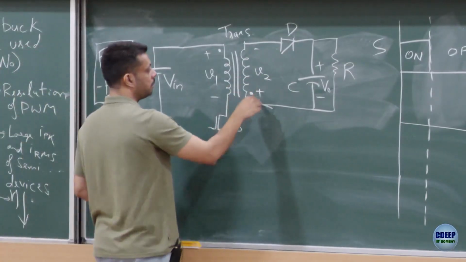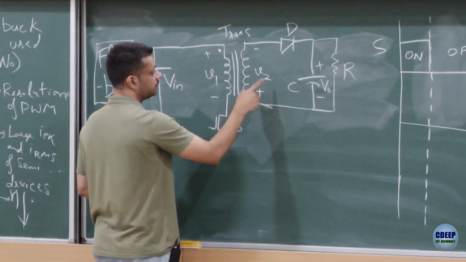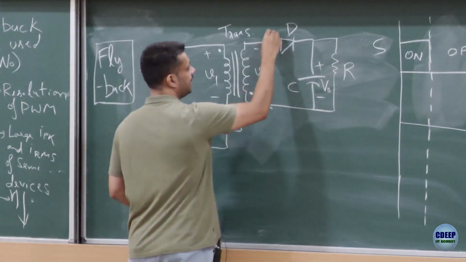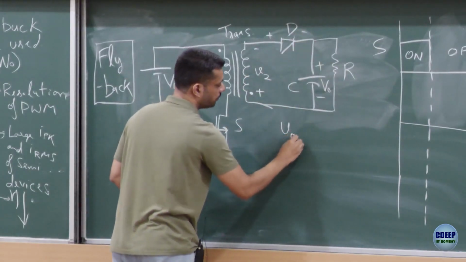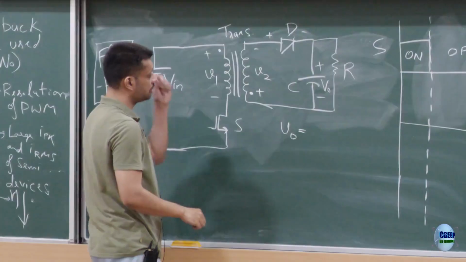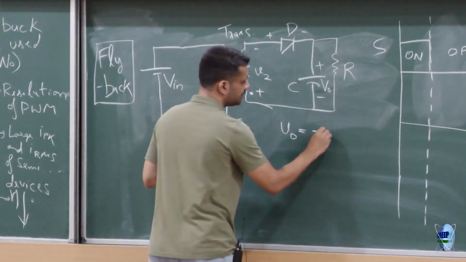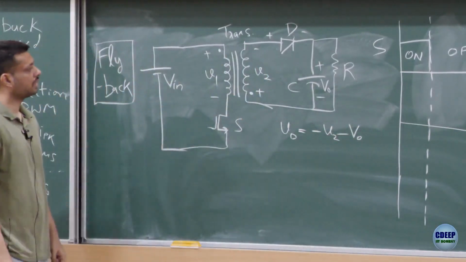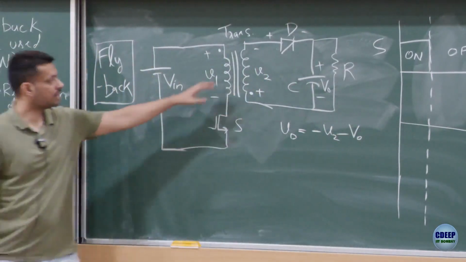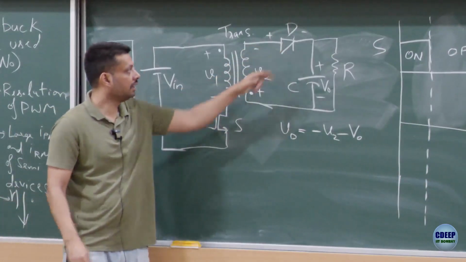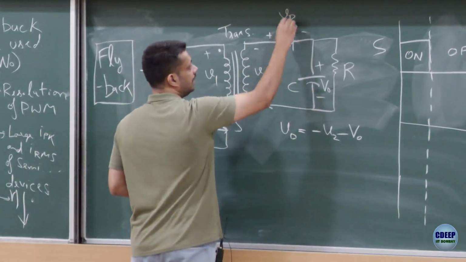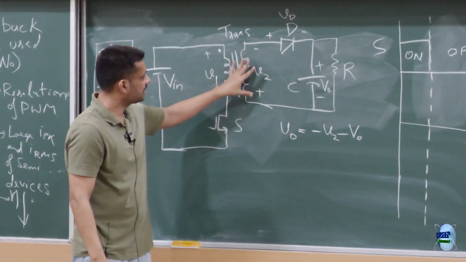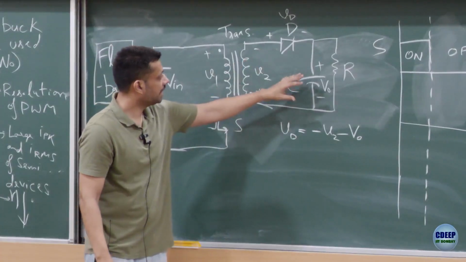Or do you want the plus minus to be the same? I think this is fine. So V diode is nothing but equal to minus V2 minus VO. Is this equation fine if you write Kirchhoff's voltage law here? If I define V diode with this reference polarity, it's nothing but equal to minus V2 minus VO.